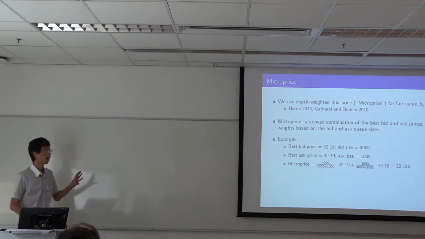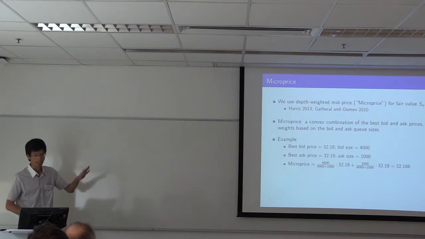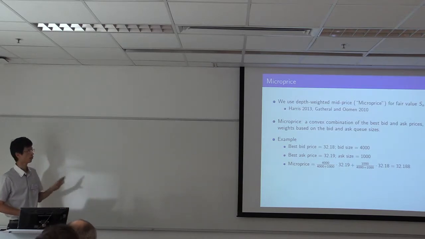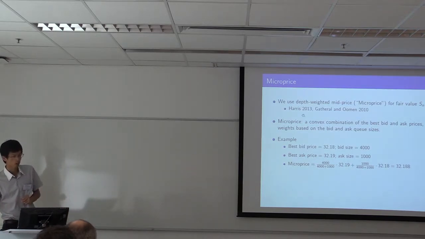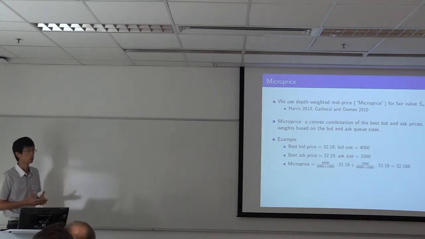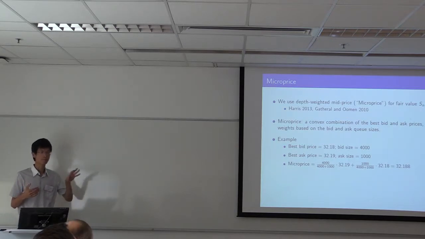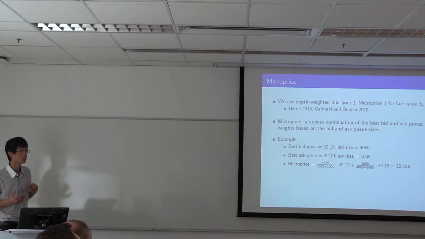This quantity, or its variants, has typically been used by financial practitioners as an estimate for the fundamental value or the fair value of the asset. So what is the macroprice? This is just a convex combination of the best bid and the best ask prices with weights put on the best bid and the best ask sizes.